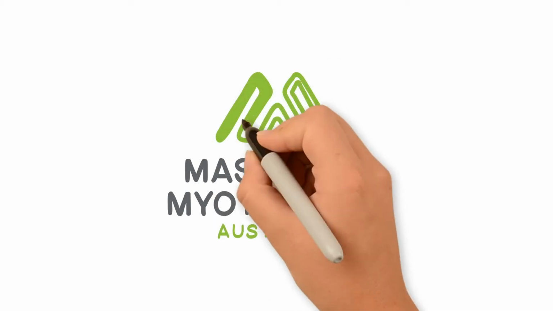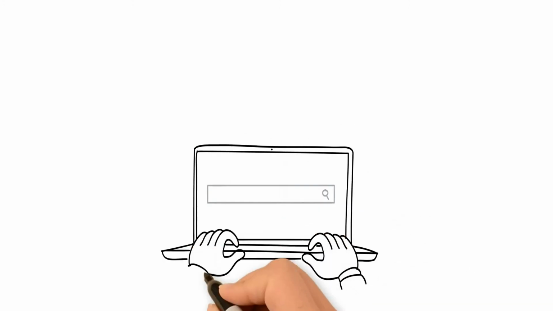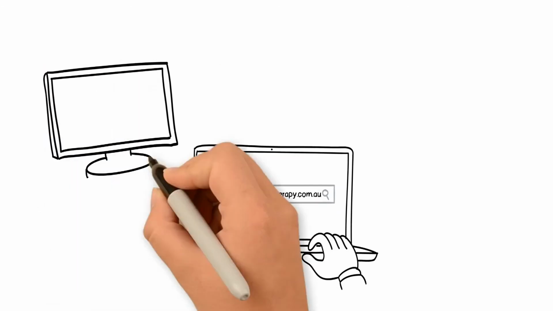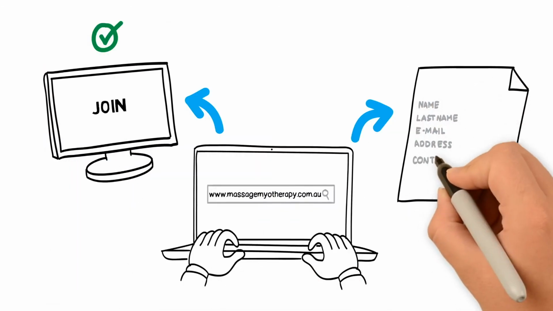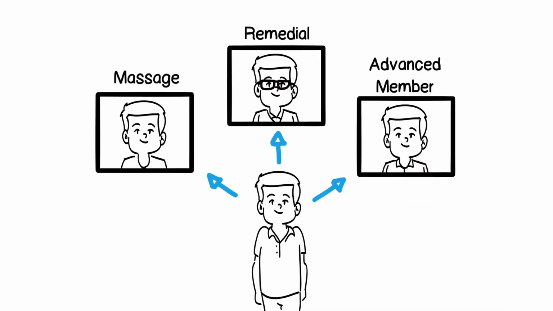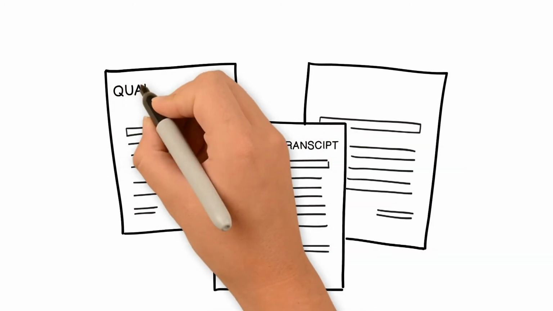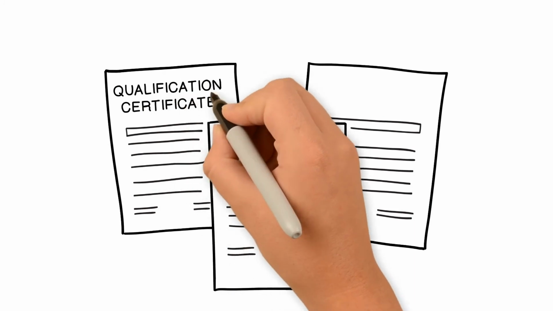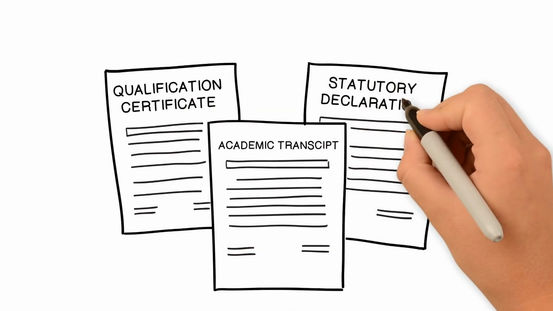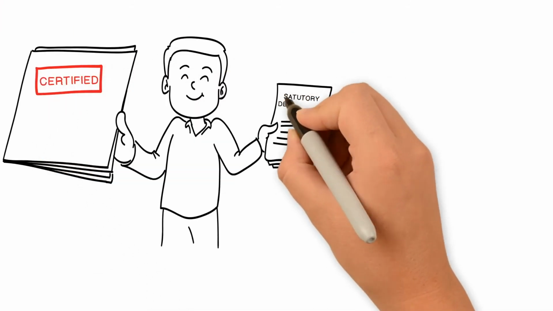Joining Massage and Myotherapy Australia is easy. Visit the Massage and Myotherapy Australia website, www.massagemyotherapy.com.au. Click Join Now, where you can either join online or download an application form. Your qualification will define which level you join: massage, remedial, or advanced member. Ensure you provide all information requested, including certified copies of your academic transcript, qualification certificate, and statutory declaration. It's important you certify documents and complete the statutory declaration.